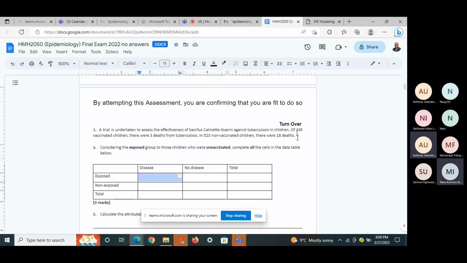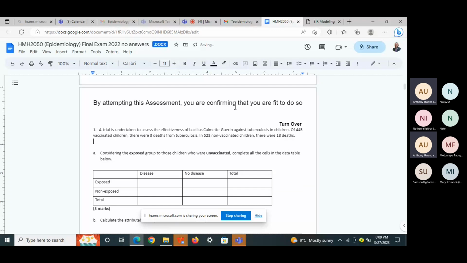So the first question is, what is the exposure? So here we can identify the exposure. The exposure is vaccination, right?